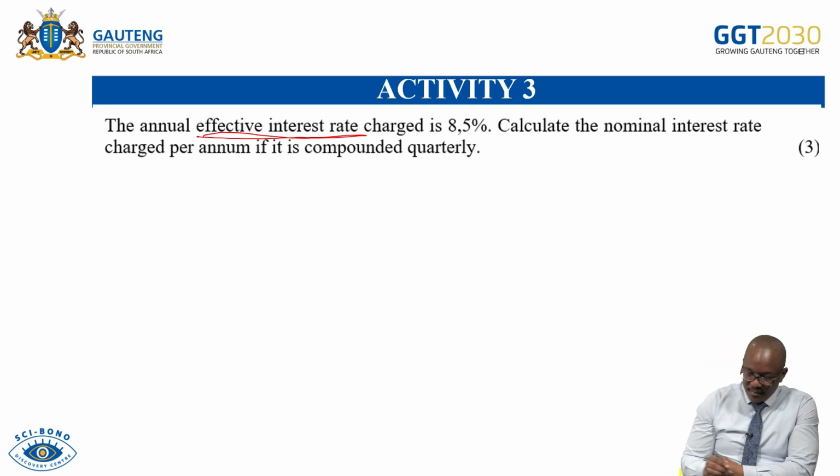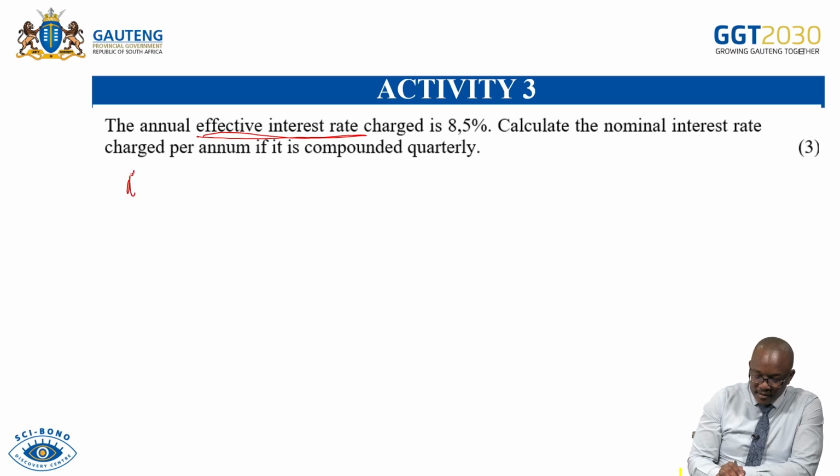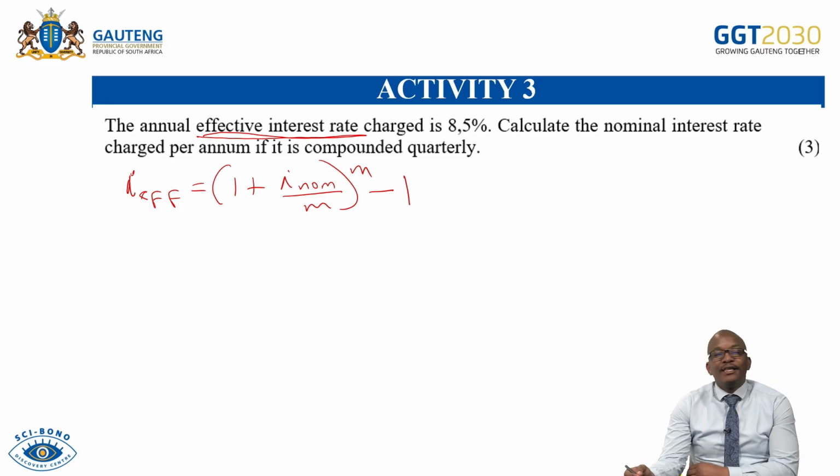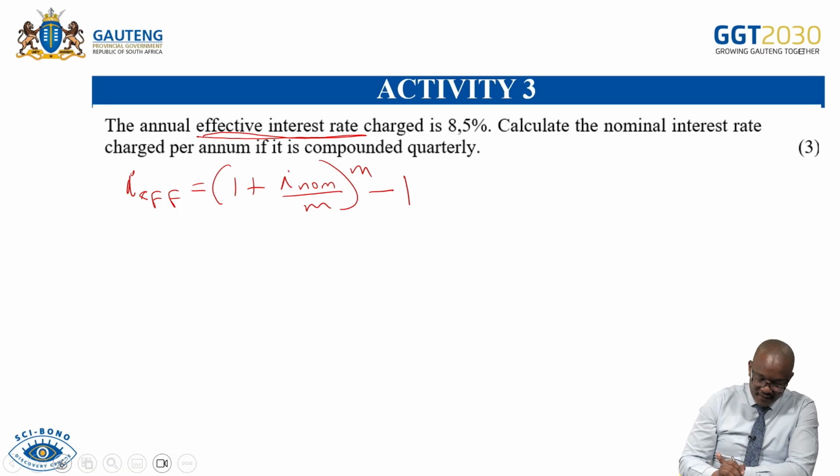So now, remember in our formula we have effective interest rate, which is equal to (1 + i_nom/m)^m − 1. In this case you can see that we are now given the effective interest rate.